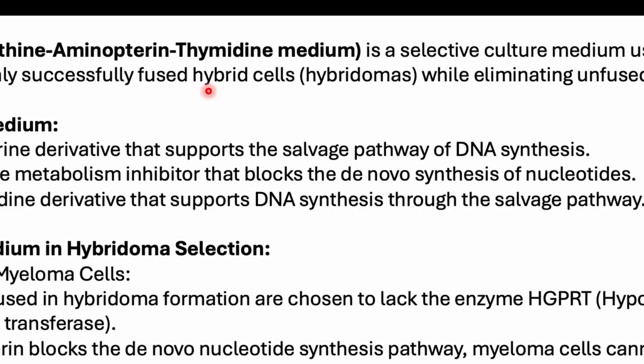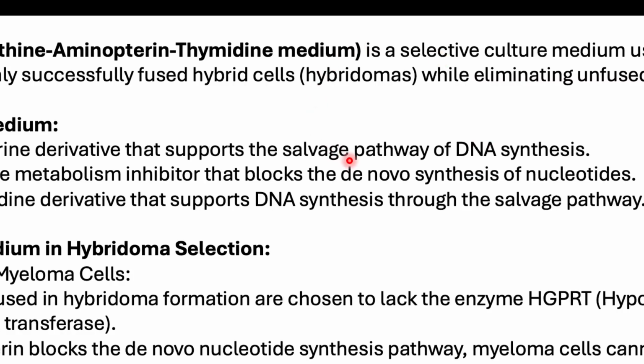The B cells and the myeloma cells which have successfully fused, those fusion cells will only survive in this HAT medium, while the unfused cells are eliminated. Now, what are these components? Hypoxanthine is a purine derivative that supports the salvage pathway of DNA synthesis.